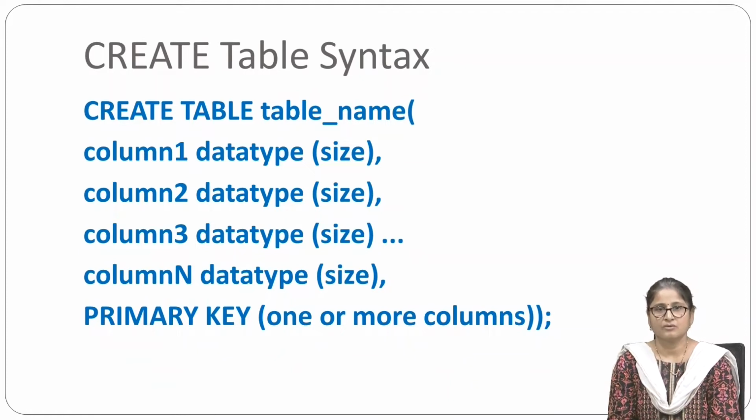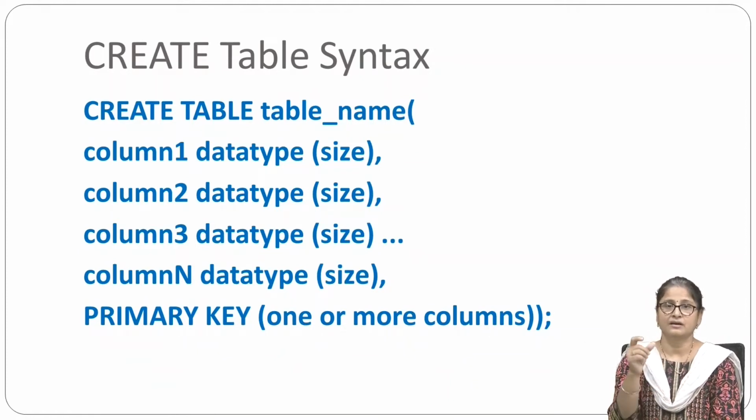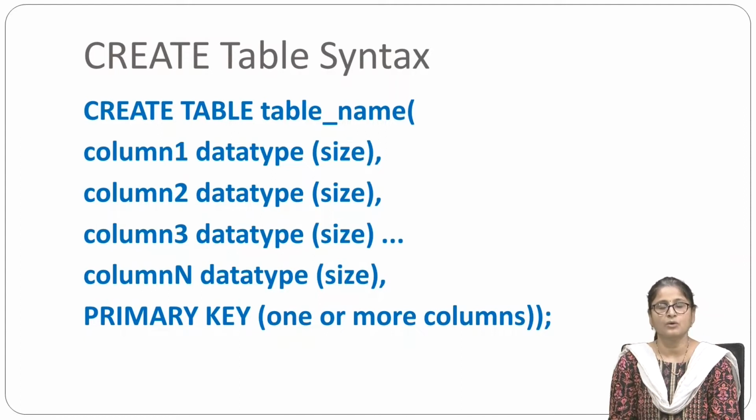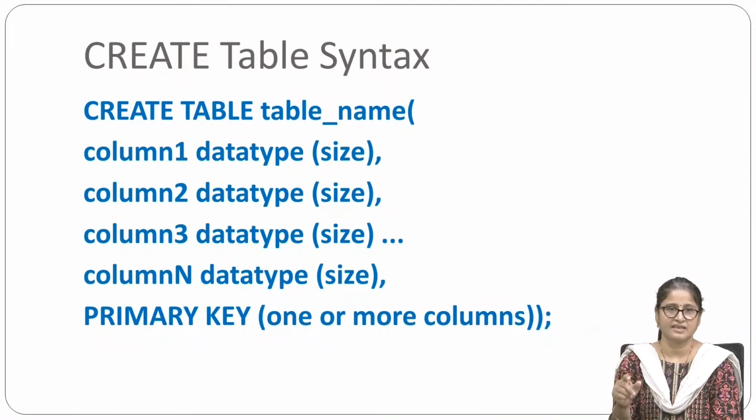Size means how many bytes it can hold, for example 2, so it can hold up to 2 digits. Then column 2, its corresponding data type and its size; column 3, its data type and size, and so on. As many columns as you require in your table, you have to mention them with their data types and sizes.